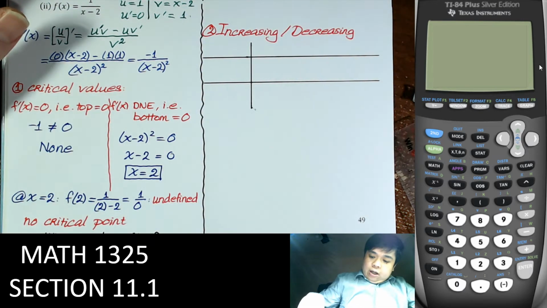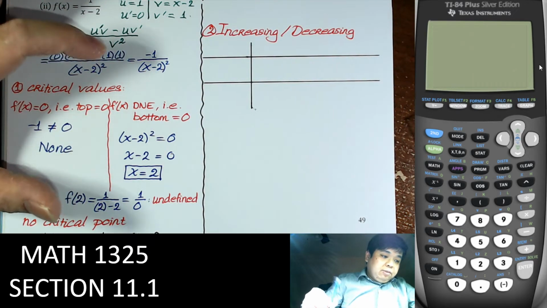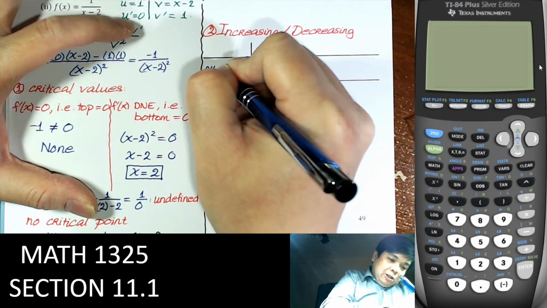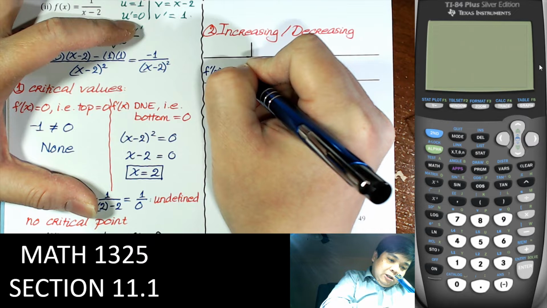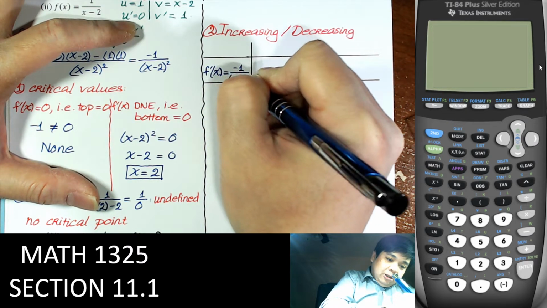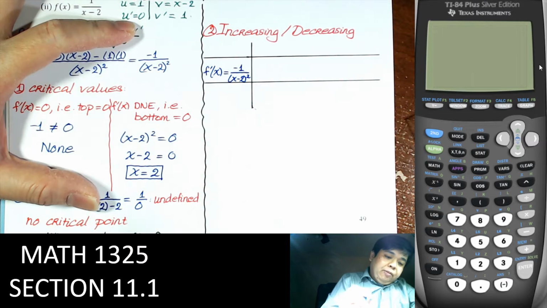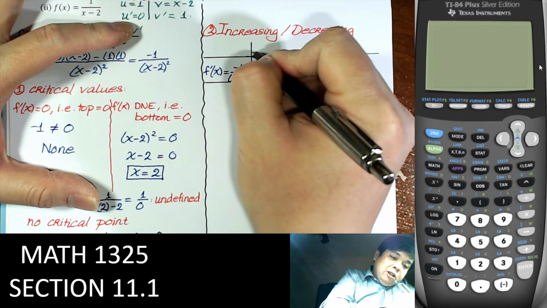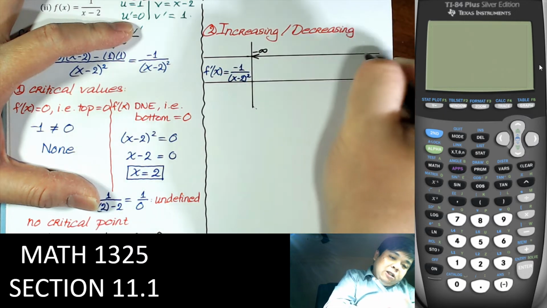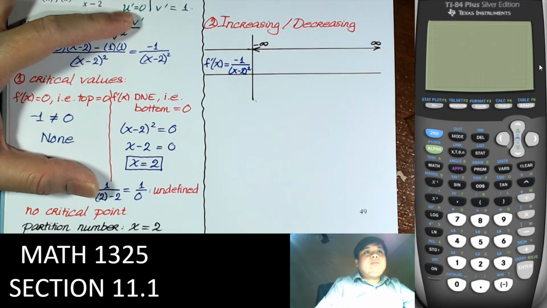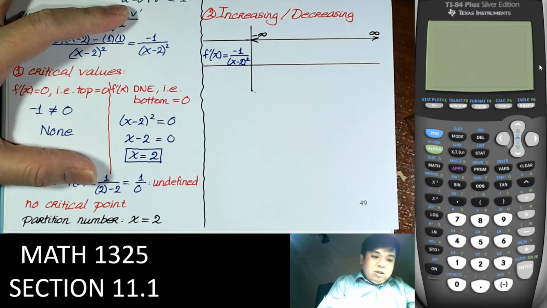Right. So we have the derivative as that. And on the top we have a number line, and the partition number 2.